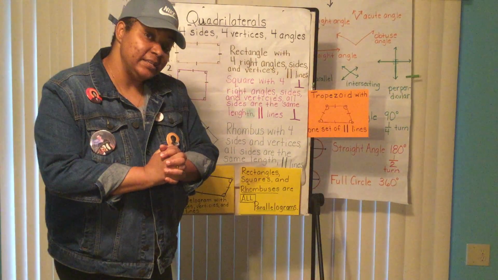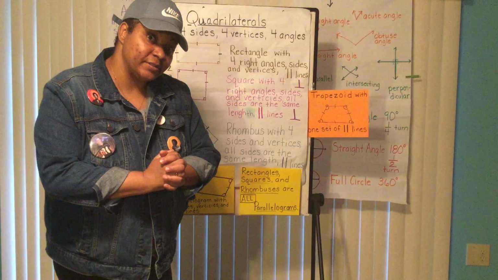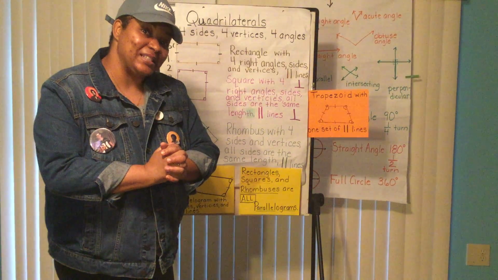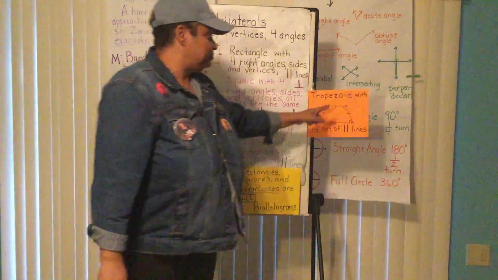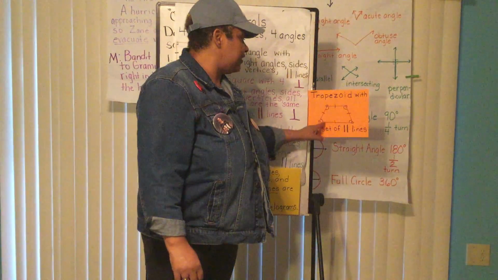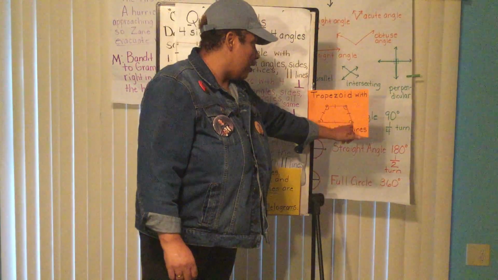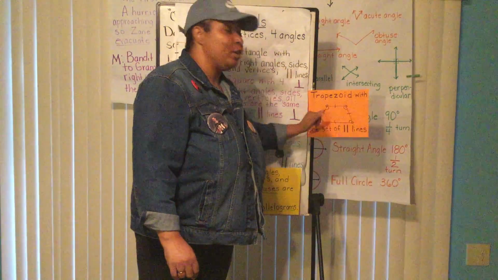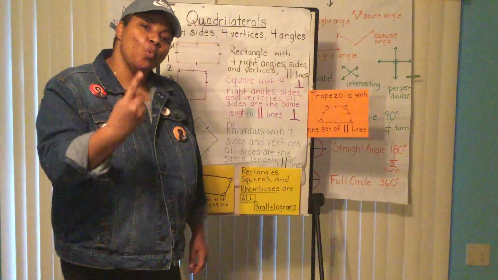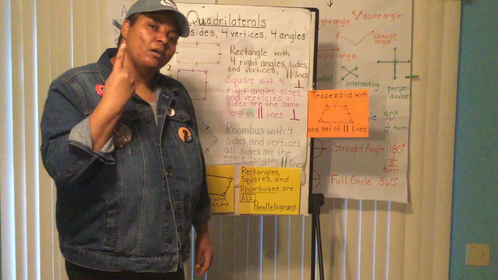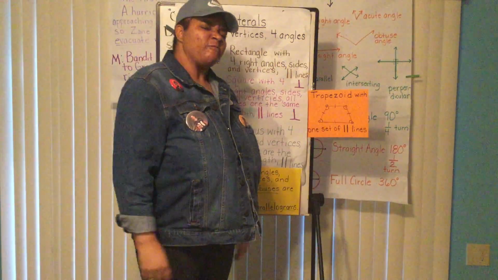Never meet, never cross, same distance apart. These two wouldn't work. They're not the same distance. These two are, and they're not going to ever meet or cross. So this one has one set of parallel lines on this trapezoid.